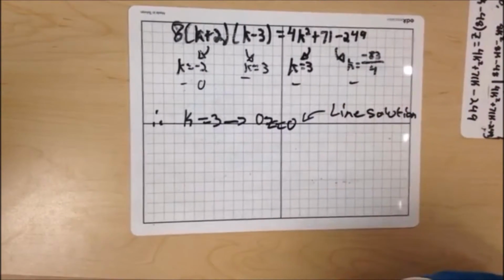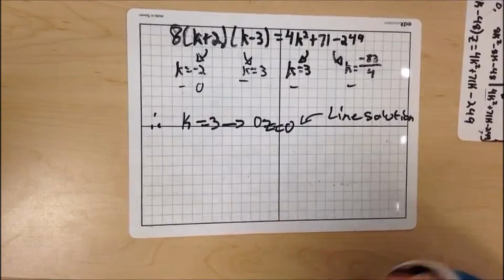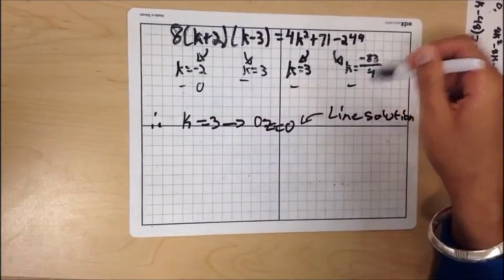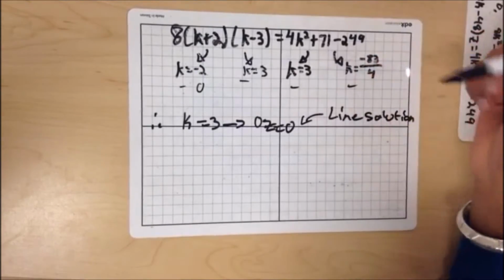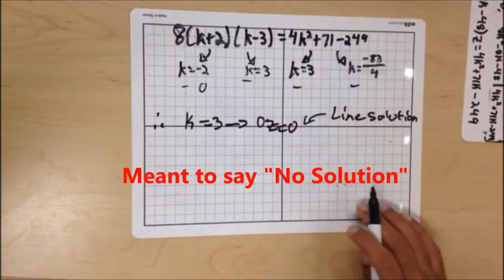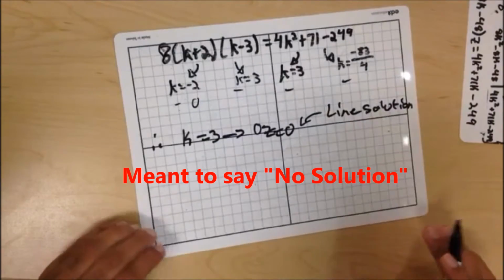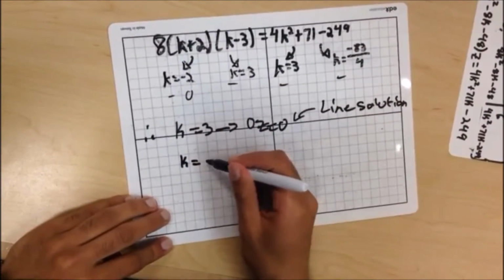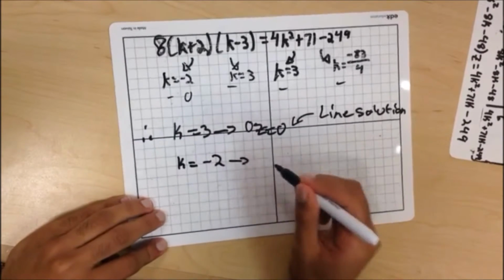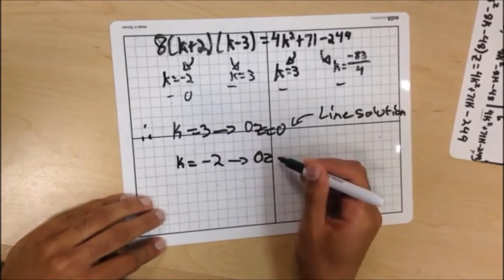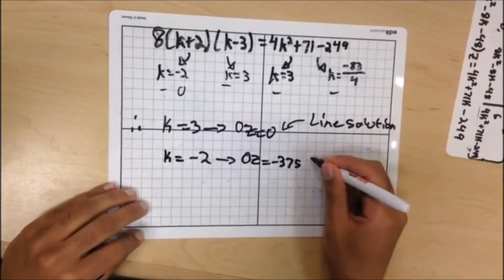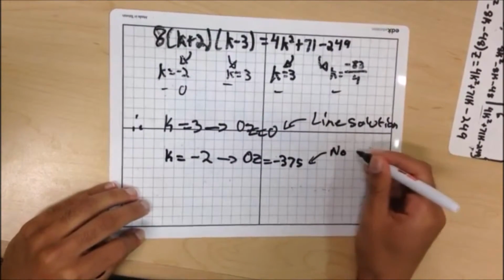That means when k is -2, we get 0 for the left side, and we get -375 for the right side, since the left side is 0 and the right side is not. So when k is equal to -2, we get 0z equaling -375, which means there's no solution.